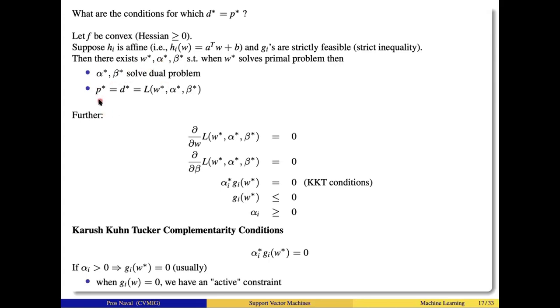And also, this condition is satisfied. So basically, if we want to solve the primal problem, we can also solve the dual problem, because the solutions for alpha star and beta star are going to be the same.